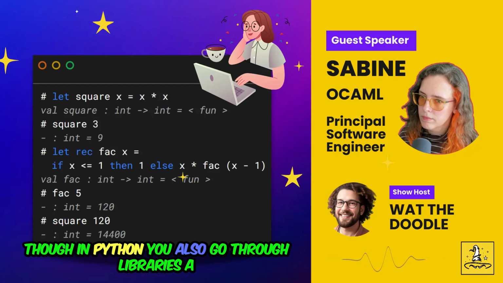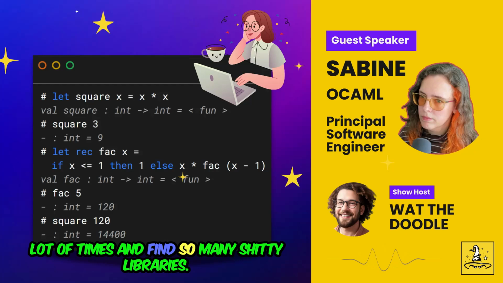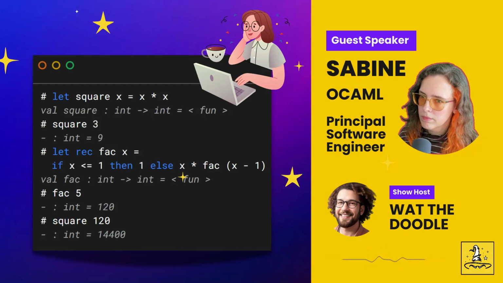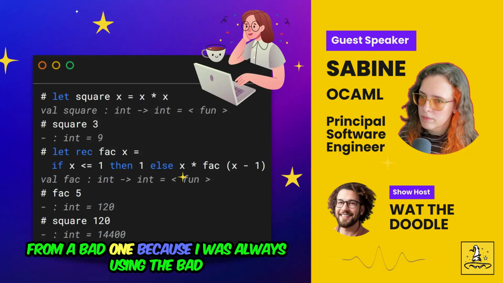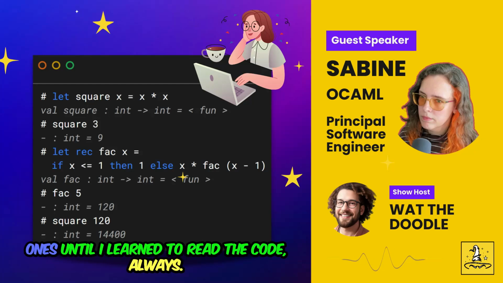Though in Python, you also go through libraries a lot of times and find so many shitty libraries. I really had to learn to distinguish a good Python library from a bad one, because I was always using the bad ones until I learned to read the code always.